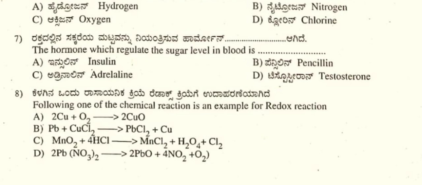So C is also a redox process. Come to D option, PbNO3 twice becomes PbO plus NO2 plus O2. So oxygen is removed from Pb, that is oxygen removal is reduction. So as per your textbook is concerned, MnO2 plus HCl is a clear example for redox process.